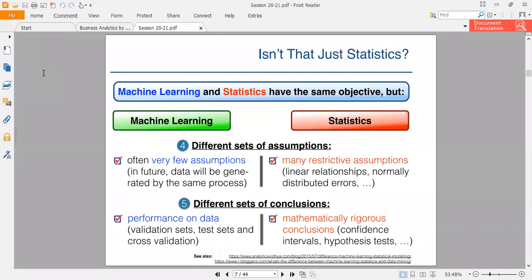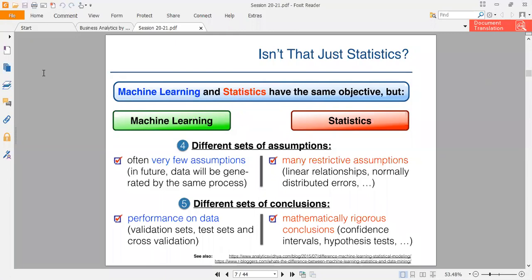For example, whatever existing data you use to train and build your model, whatever data you get in the future will also be obtained using the same method. So if you have obtained the data using a random sample out of the whole data, in future the method to get that data is going to be exactly the same. It will be randomly sampled data, okay? That's the only assumption that you are generally going to require.